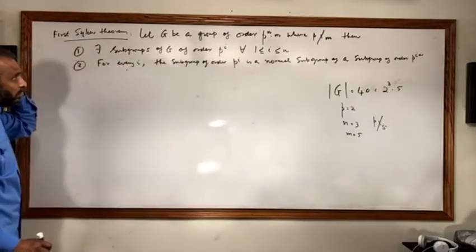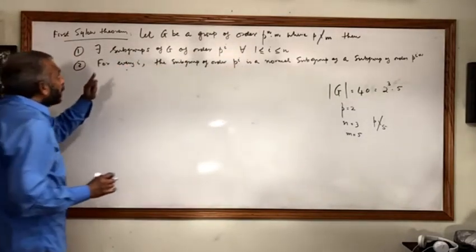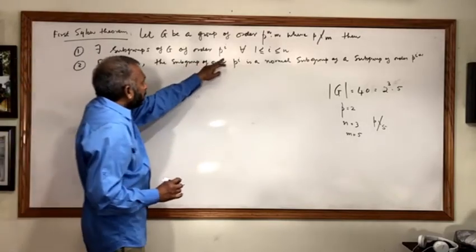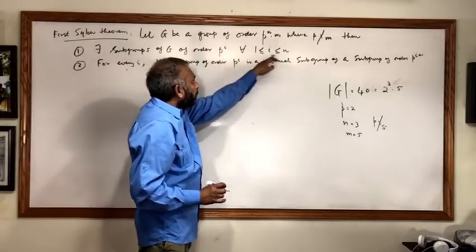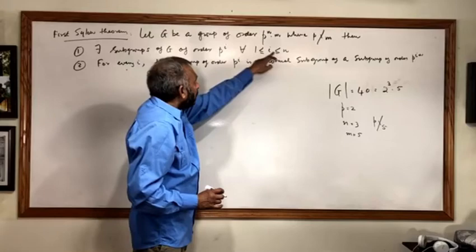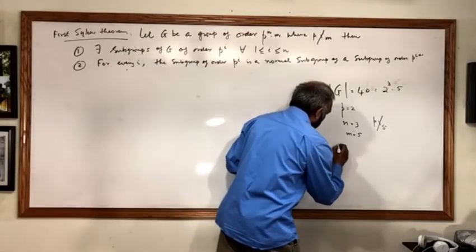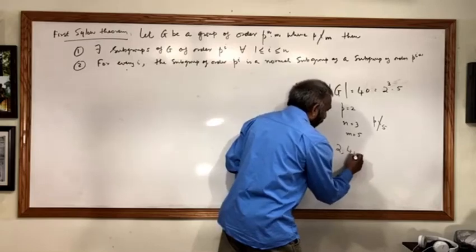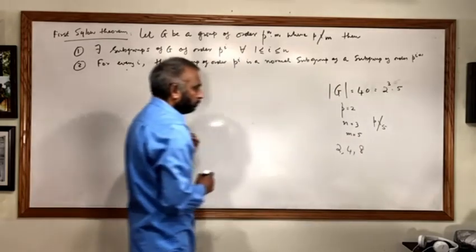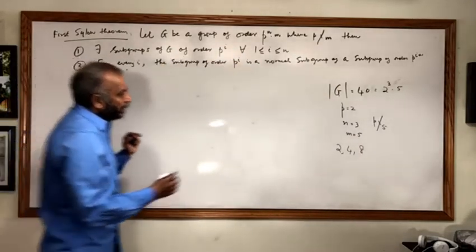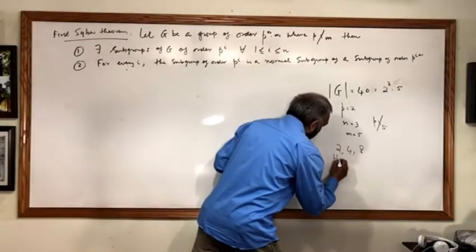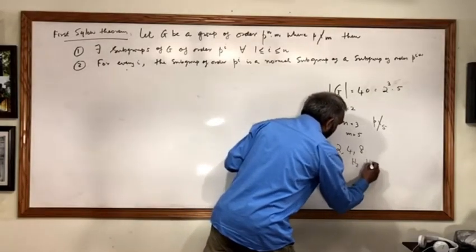What the theorem says is that for every i from 1 to n, from 1 to 3, we have subgroups. That means G has a subgroup of order 2, order 4, order 8. Let us take this as H1, this is H2, and this is H3.